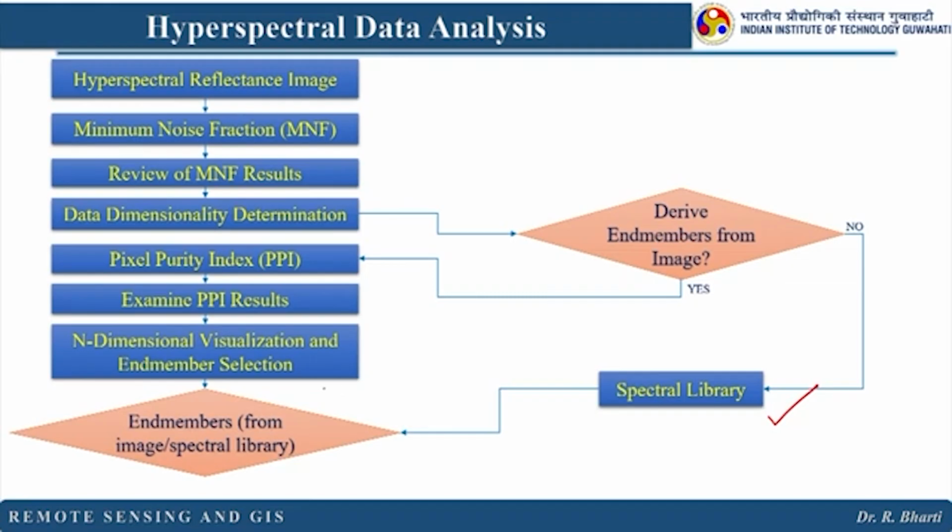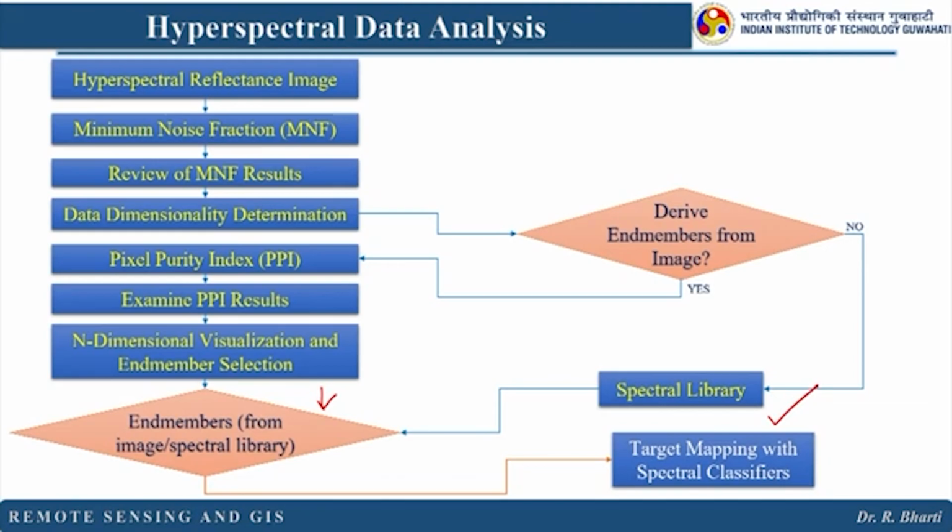In this case, we have unknown spectra which are derived from the image or captured by our sensors. Now we need to analyze these two together, then only can we say the material is X, Y or Z. That is why the last step is target mapping with a spectral classifier.